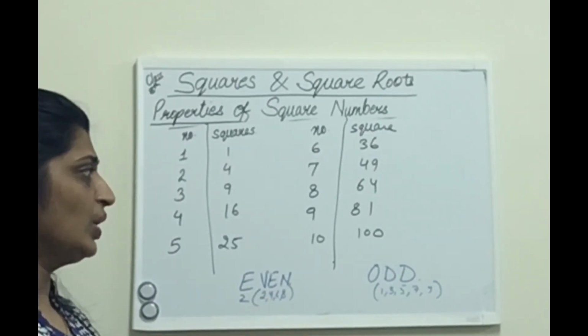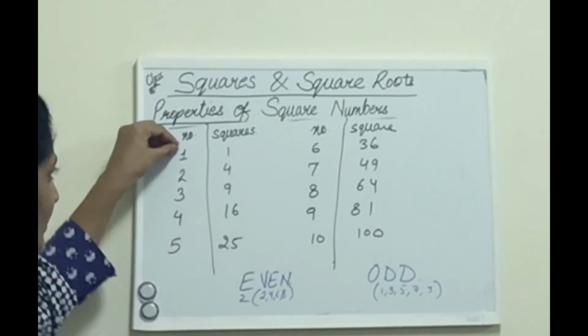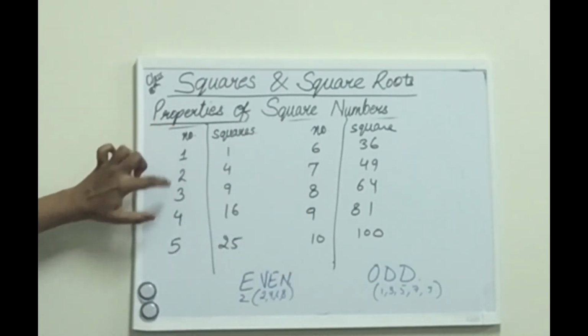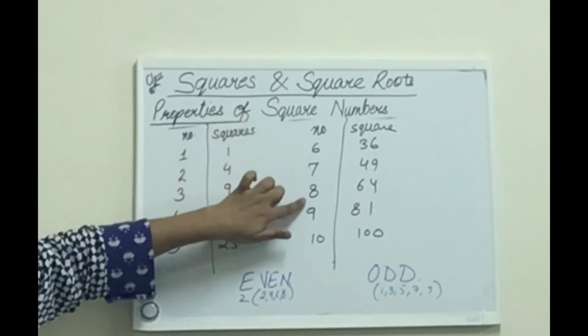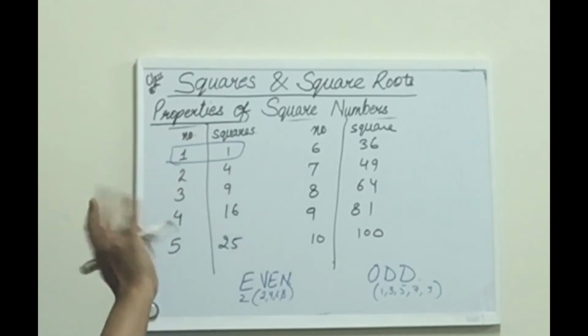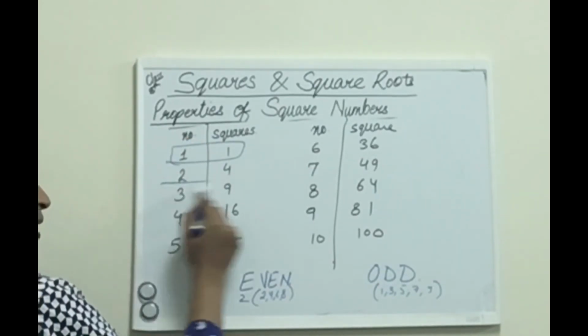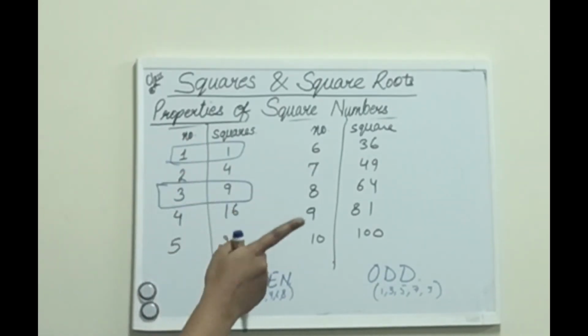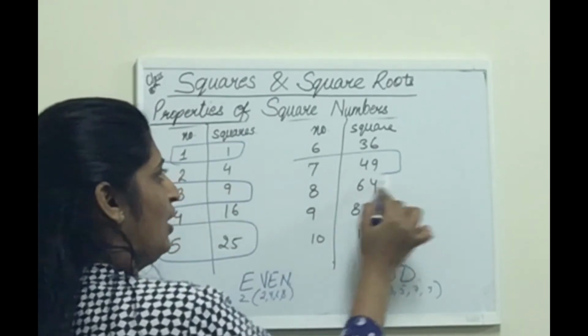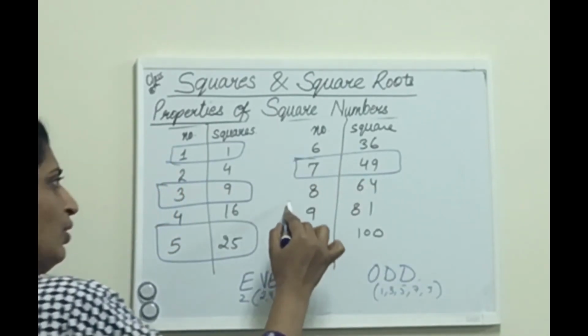I want you all to look at the numbers first. 1, 2, 3, 4, 5, 6, 7, 8, 9, 10. What is the square of 1? It is 1. What is the square of 3? It is 9. What is the square of 5? It is 25. What is the square of 7? 49.